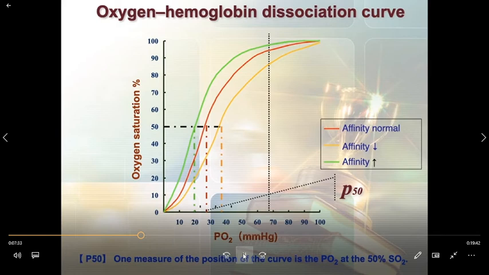What does this mean? The oxygens are more prone to dissociate with hemoglobin.